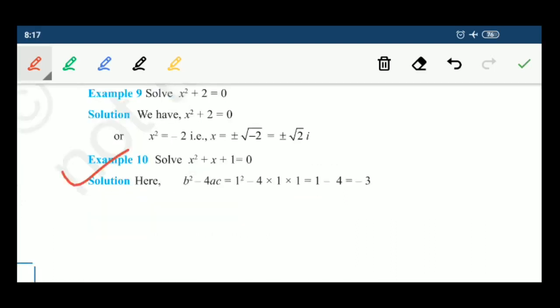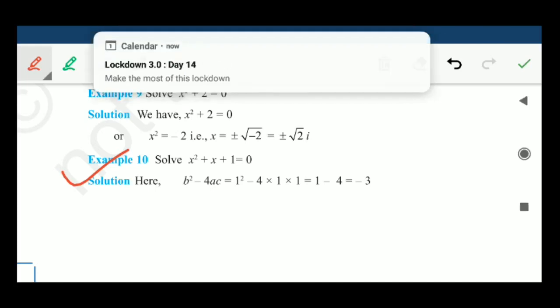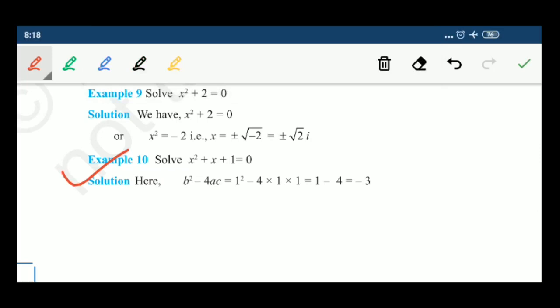See one more example, example number 10. Solve x square plus x plus 1 equals to 0. In the first step you will find the value of D, which is equal to b square minus 4ac.